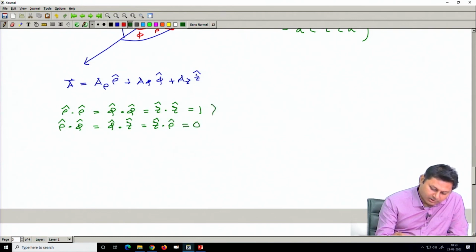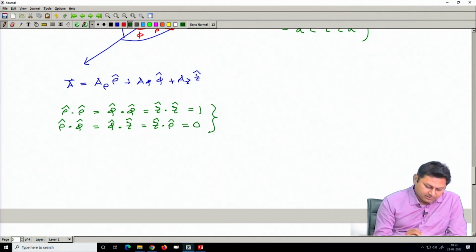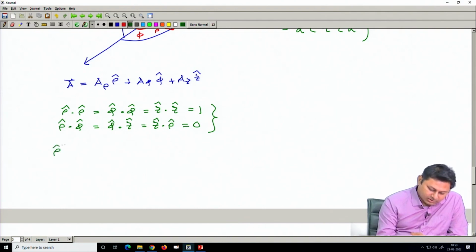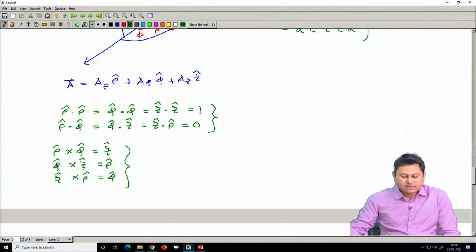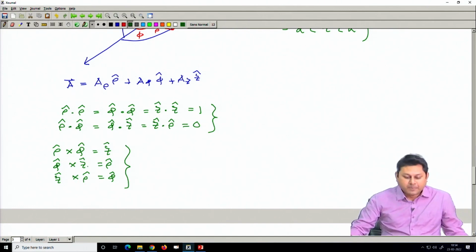That means they are forming an orthonormal basis. Not only that, this is a right hand system. So, rho cross phi gives you z, phi cross z gives you rho, and z cross rho gives you phi unit vector. So, they are forming a right hand orthonormal basis.